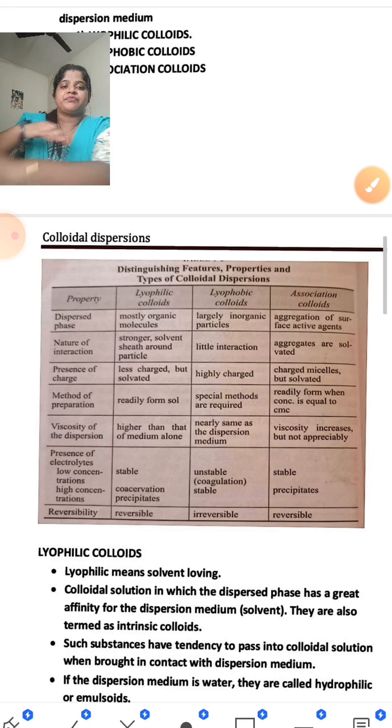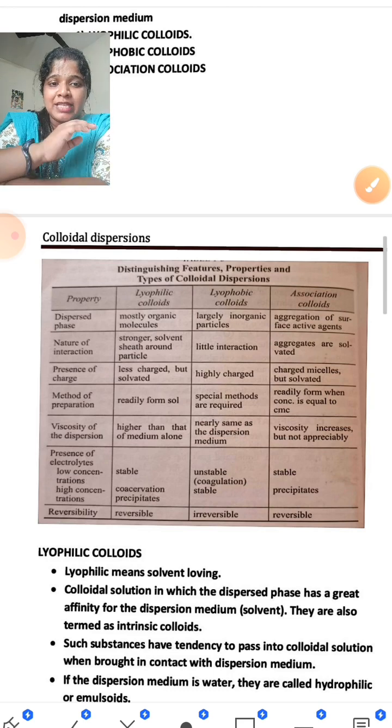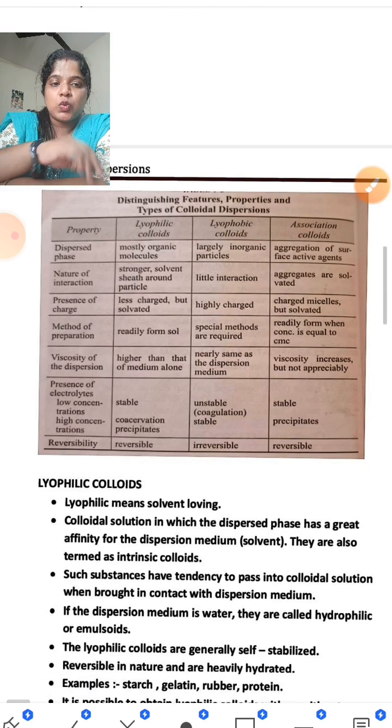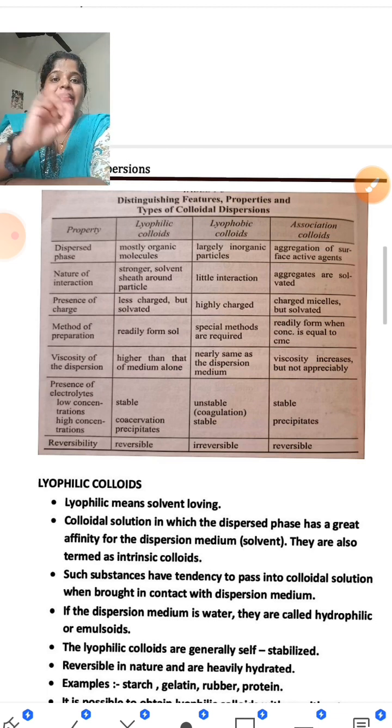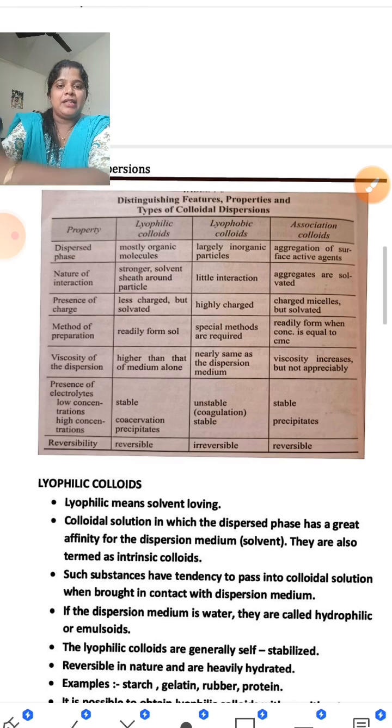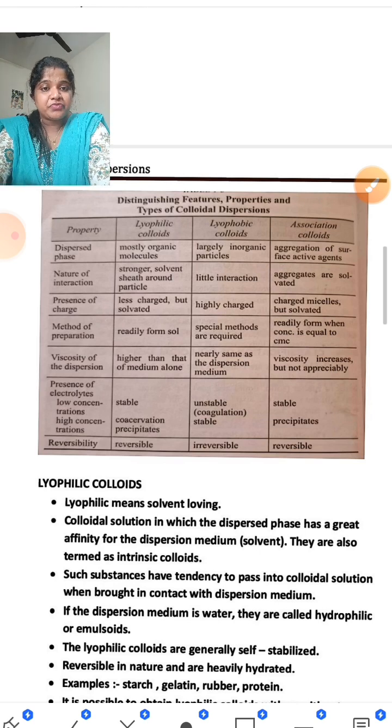In lyophobic colloids, they are largely inorganic particles, and in association colloids it may be an aggregation of surface active agents, say an aggregation of surfactants. For the nature of interaction, in lyophilic colloids it is stronger, with a solvent sheath around the particle. In lyophobic there is little interaction.